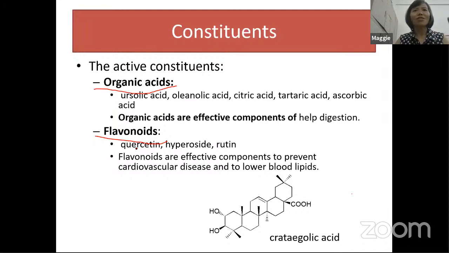Flavonoids such as quercetin, hyperoside, and luteolin. These flavonoids are effective components to prevent cardiovascular disease and to lower blood lipids. So these are the main 2 kinds of active constituents, organic acids and flavonoids. Usually flavonoids act on cardiovascular disease.